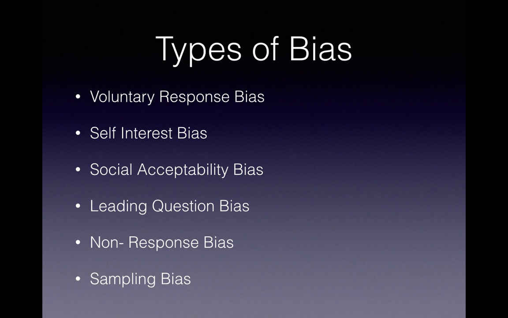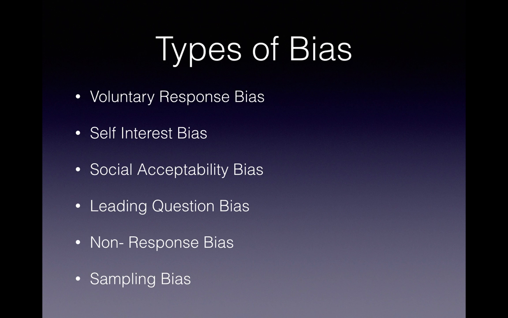Now, social acceptability bias, a lot of times that's going to come into play when I ask a specific question. So let's say I'm doing a poll and I say, hey, did you vote in the last presidential election? Well, you may feel very awkward saying no, because you may feel like I'm going to judge you, or that I may create some interior opinion of you and you don't want that.